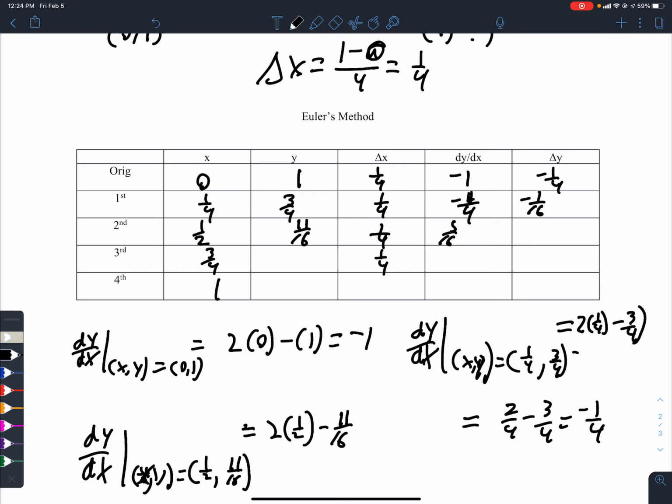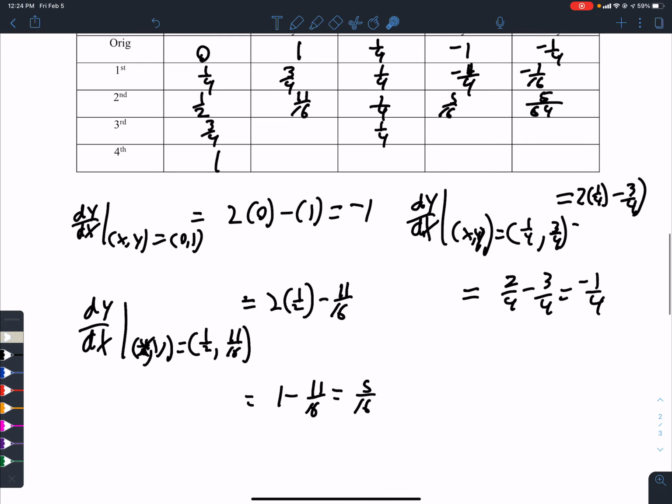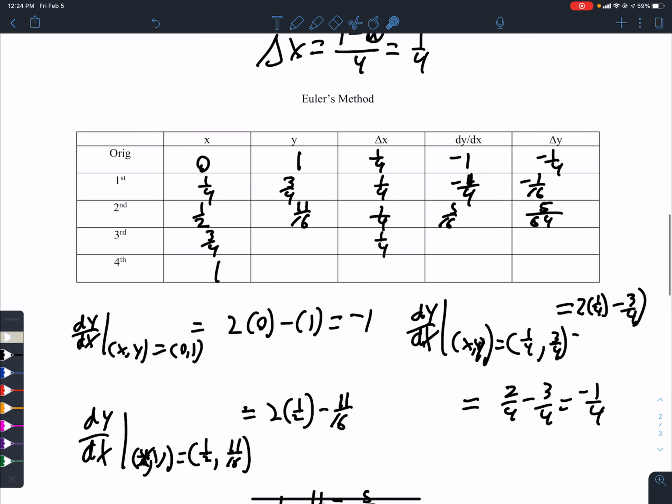Wow. 5/64. So my new y, I take this one and add this one. So this is 44/64 plus 5/64, positive this time, right? Yeah. So 44 plus 5, that's going to be 49/64.